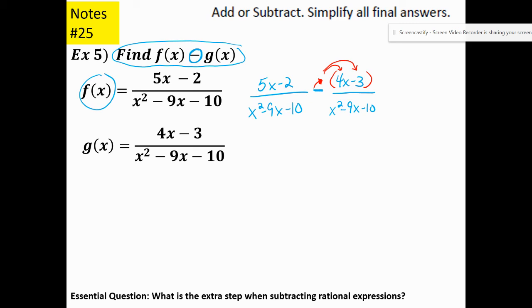So we're going to have x squared minus 9x minus 10 on the bottom. Same. And then 5x, this part we write first, minus 2, distribute the negative. So it'll be a negative 4x, and negative times negative 3 would be positive 3.